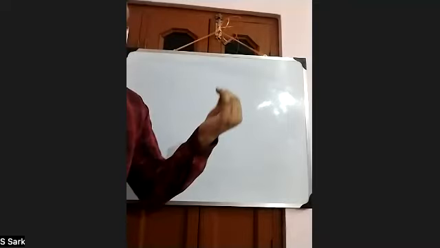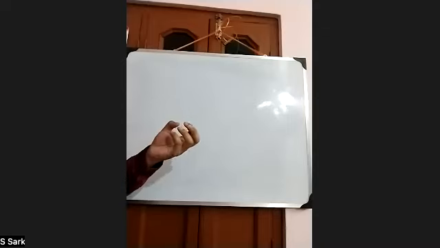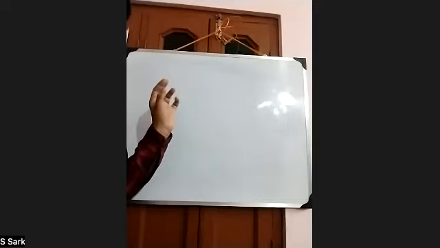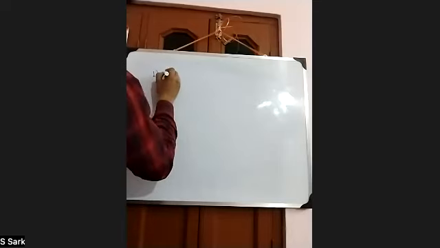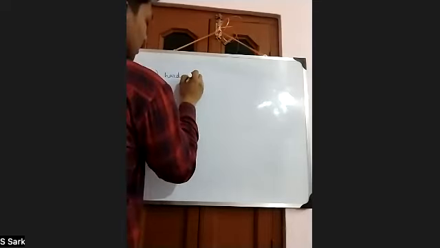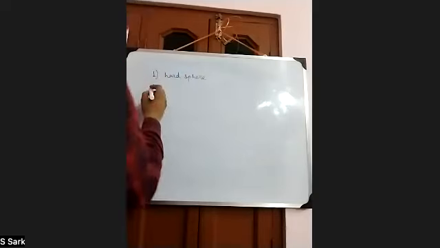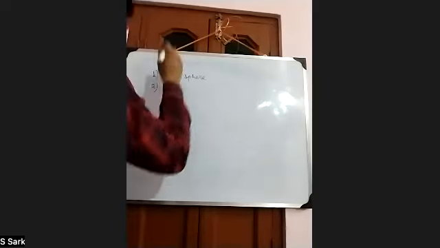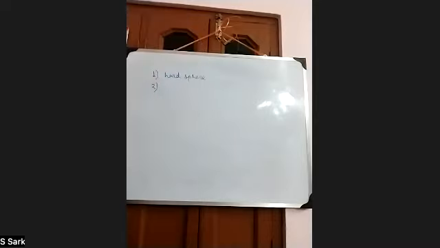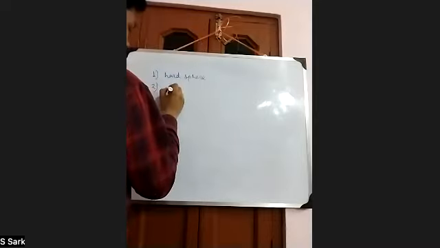So in this case, according to collision theory, it assumes that the molecules act as hard spheres, and they have to collide with a certain energy. So the first postulate is that the particle is taken as a hard sphere, and the particle should have kinetic energy greater than or equal to the activation energy of the reaction.